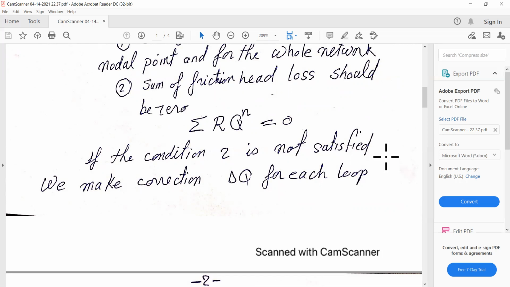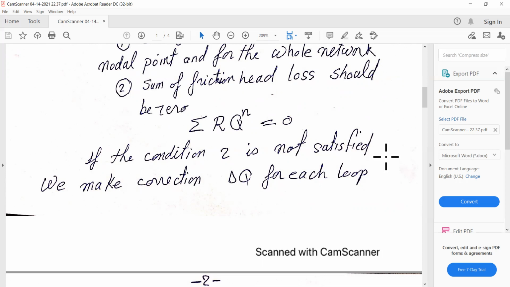For the whole network, the mass flow rate of the supply equals the total sum of the demand. That's the first condition. It looks very similar to Kirchhoff's law for electricity. The current into the nodal point equals the current out of the nodal point.